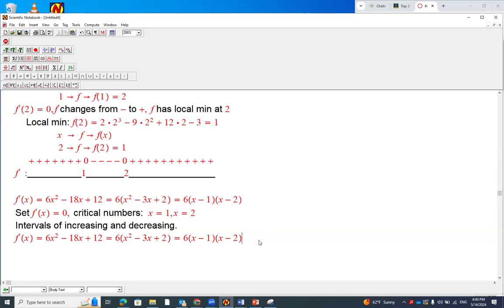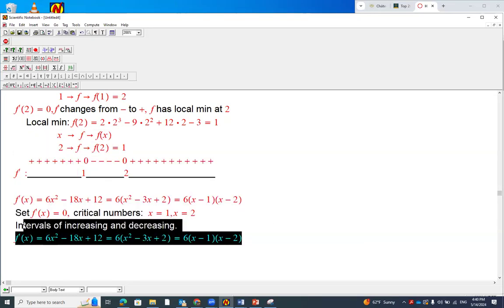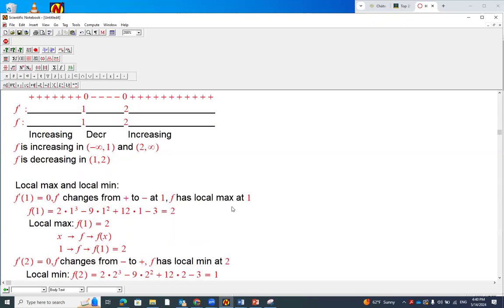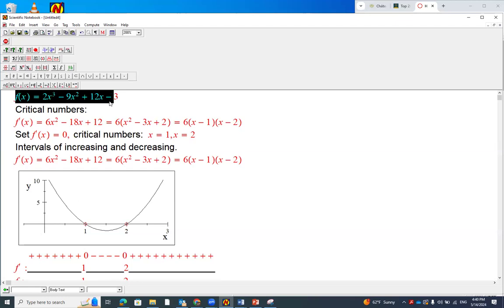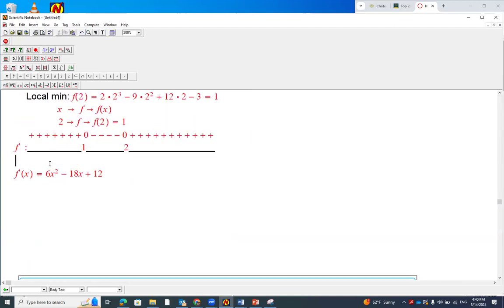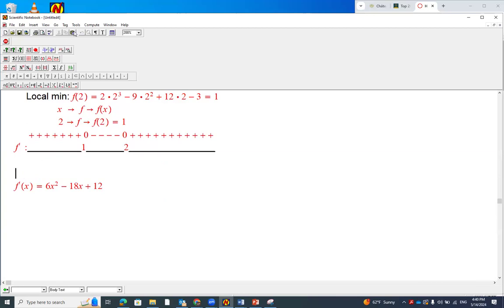I just need to know second derivative, first derivative. So I'm going to bring all of these here, the function itself.